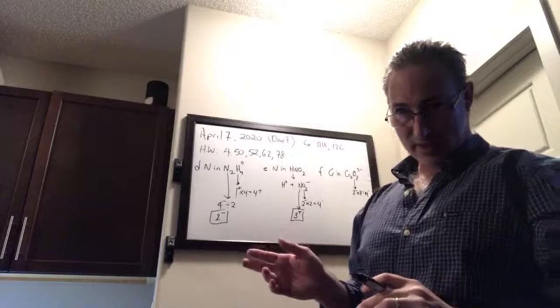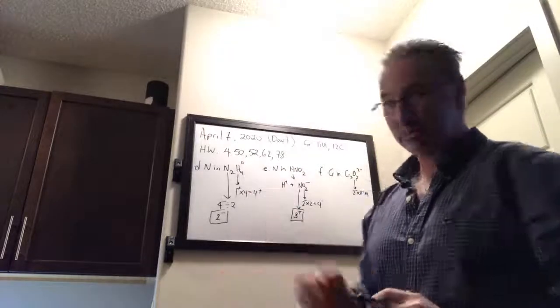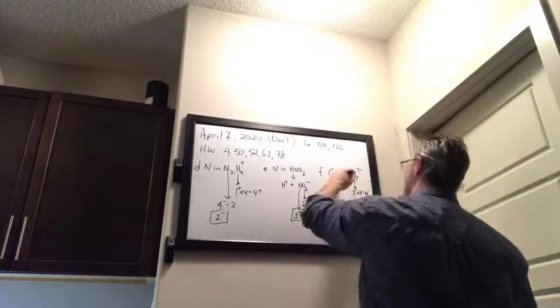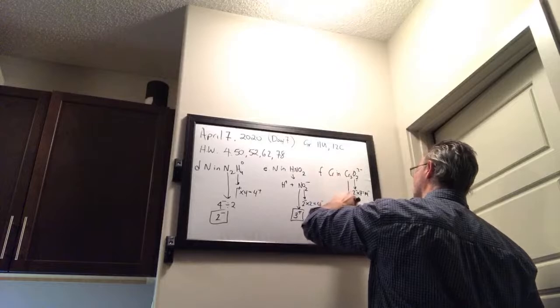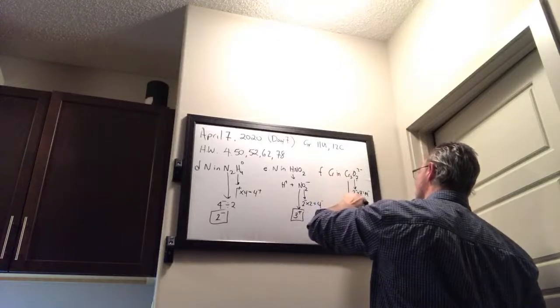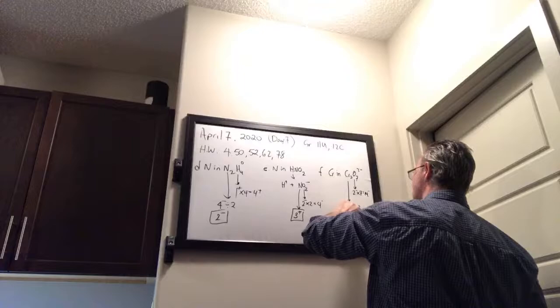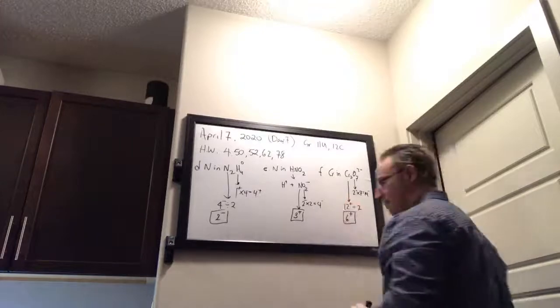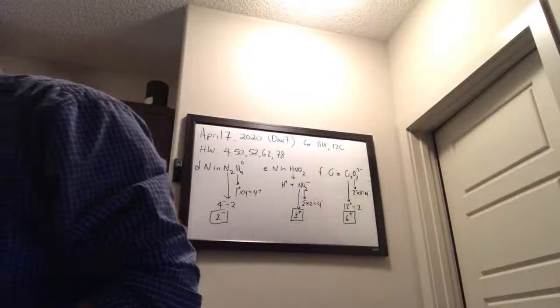The dichromate is only -2, so something's pushing it up by +12. And because there's 2 chromiums, it means that each chromium is at a +6 oxidation state. So that's number 50 done. Let's look at 52 next.